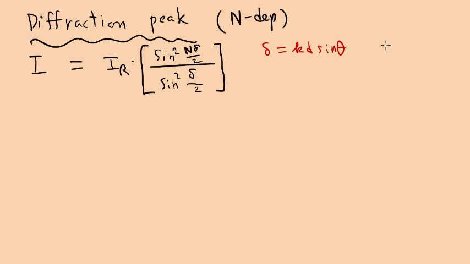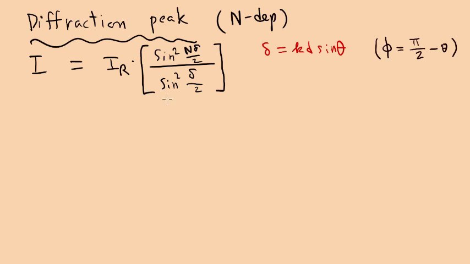In that case, the angle phi was defined as pi over 2 minus theta. So it's just a different convention used in X-ray diffraction compared to optical experiments. In any case, we know this.